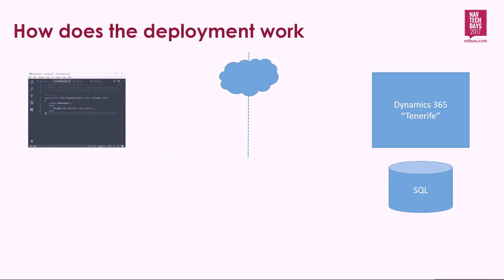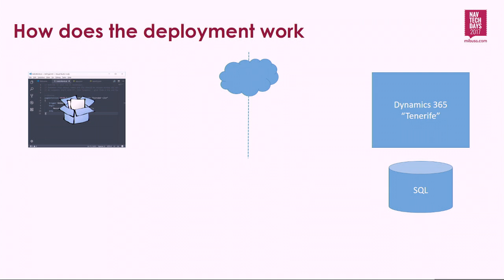So how does this all work? First of all, VS Code is no longer like C-side, it's not connected to the database. It's connected to a service. So what happens when you press Control F5 is actually that we do a packaging and a compile step inside VS Code in the compiler locally.